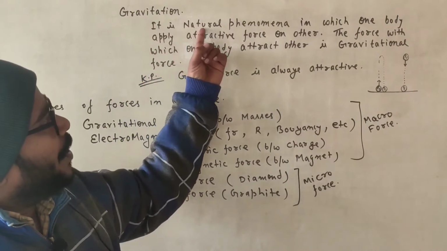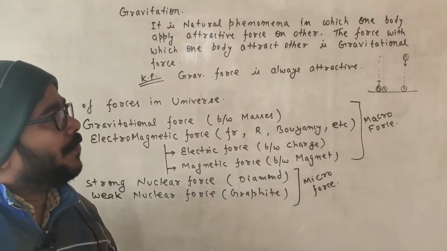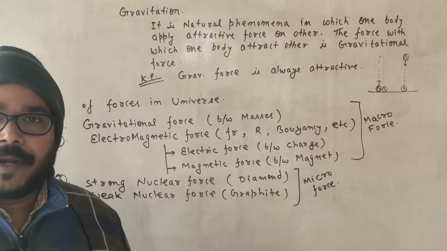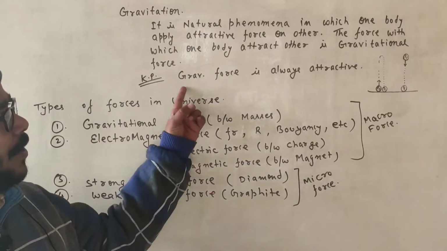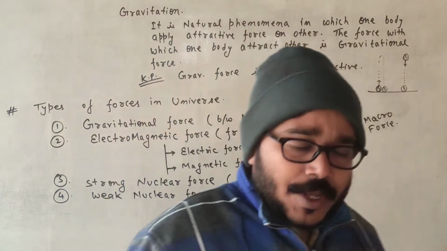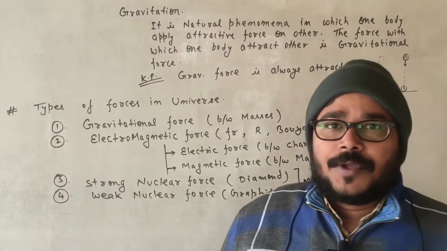Gravitation is a natural phenomenon in which one body applies an attractive force on another. The force with which one body attracts another is gravitational force. Gravitational force always attracts. How do you identify gravitation?